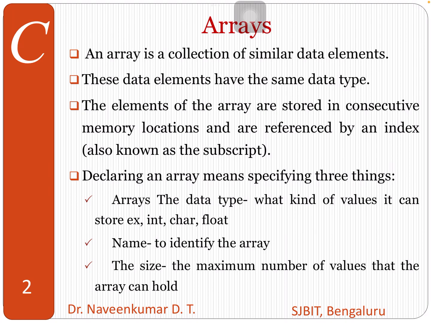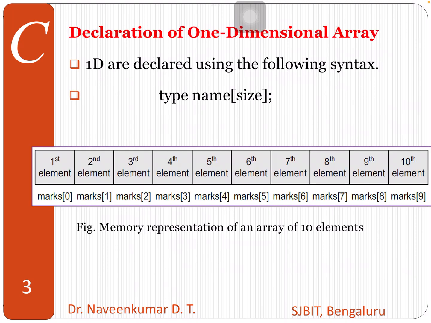For an array also we have to give a meaningful name, which specifies the address location at which the array elements are stored. Finally, we must make sure that the size of the array is also specified, that is the maximum number of elements that the array can store. So this is an example: type, name, size.